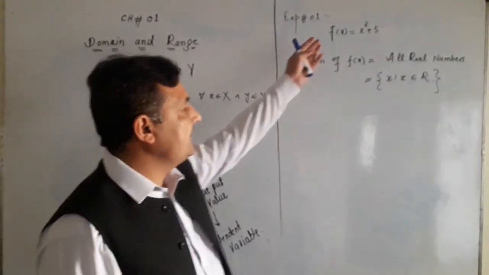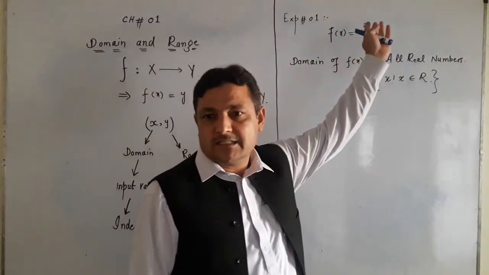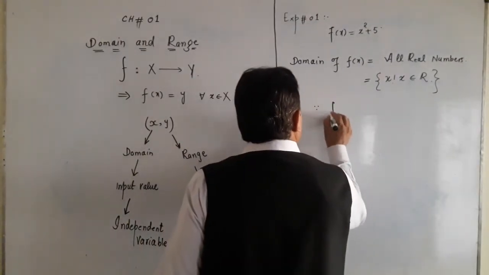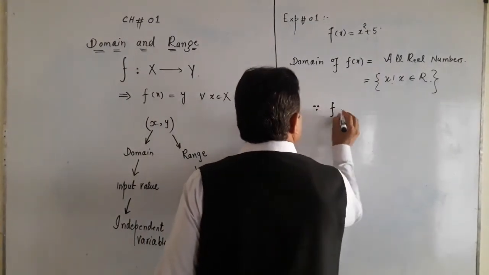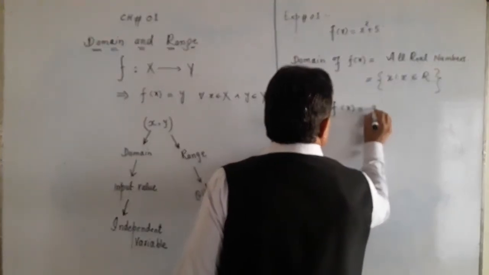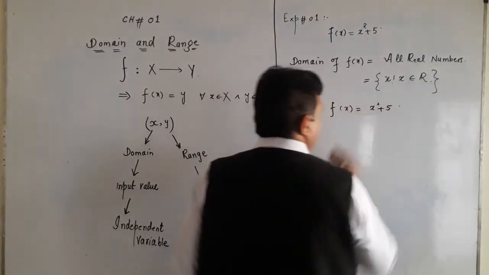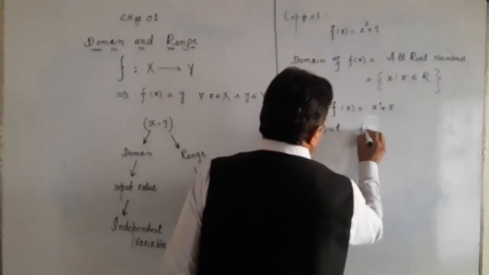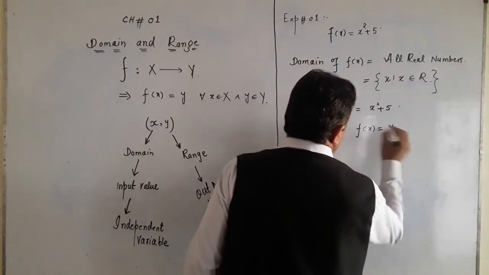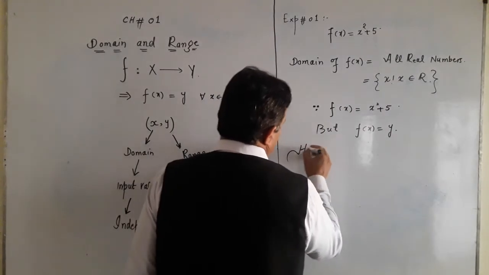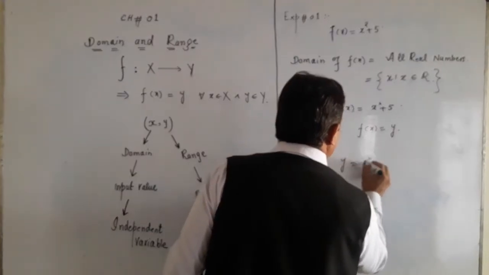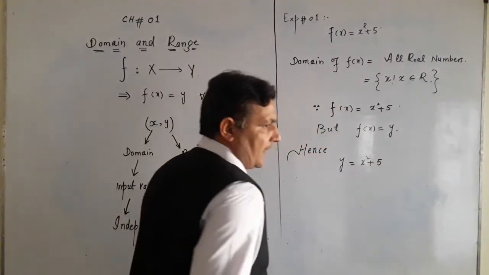Now we will find the range of this function. Since f of x is equal to x square plus 5, but we know that f of x is equal to y, hence y is equal to x square plus 5.